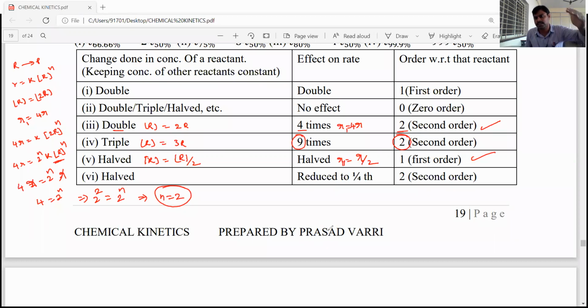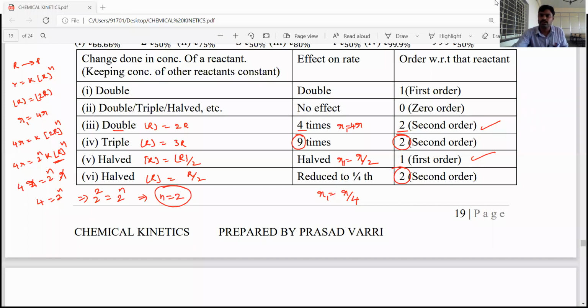If the concentration is decreased to half and the rate also becomes half, it indicates the first order reaction. If the concentration of reactants is half, R naught by 2, but the rate R1 becomes R by 4, 4 times decreased, it also indicates the second order reaction. This kind of relations are very, very important for objective examination, dear students.